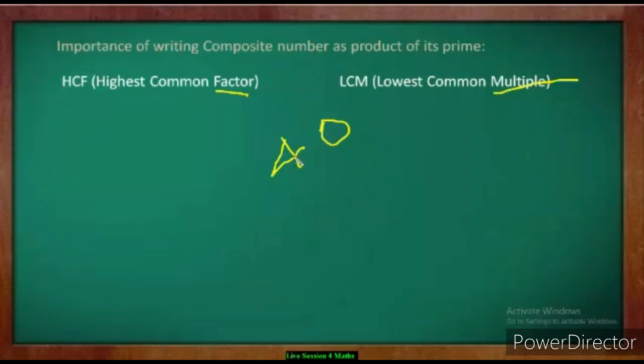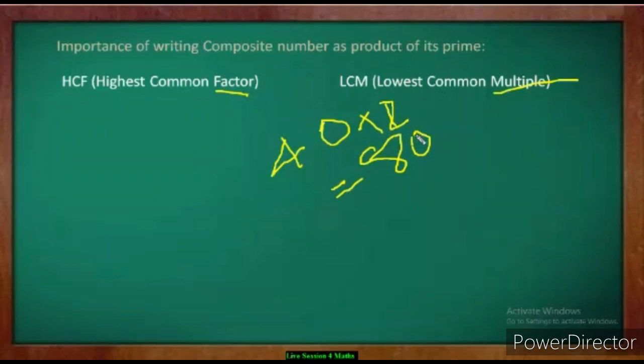Now what is the meaning of multiple? If you multiply 40 by 1 you get 40, so 40 is a multiple of 40. You multiply 40 by 2, you get 80, so 80 is a multiple of 40. You multiply 40 by 3, you get 120, so 120 is a multiple of 40.